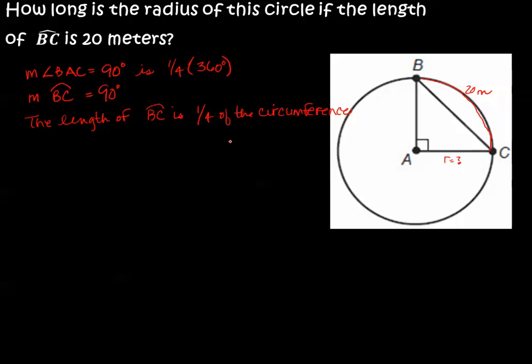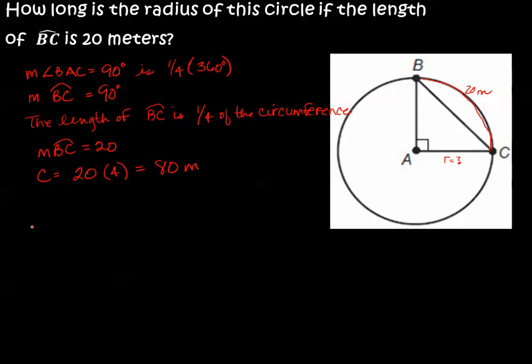Okay, so if the measure of BC equals 20, and it's a fourth of the circumference, that means the circumference is going to equal 20 multiplied by 4. So that's going to give me 80 meters for their circumference.